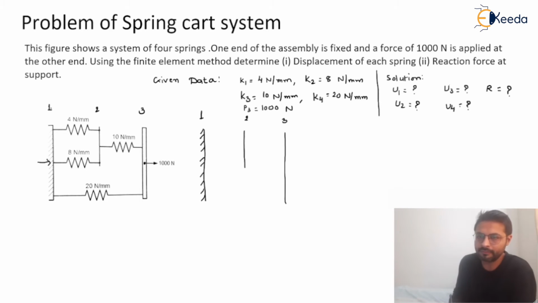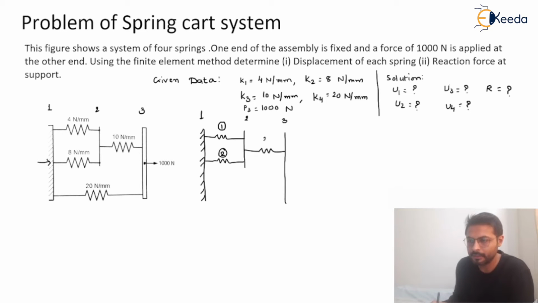Between the first and second node, there are 2 elements, indicated by circling the numbers first and second. The third element is between node number 2 and node number 3.